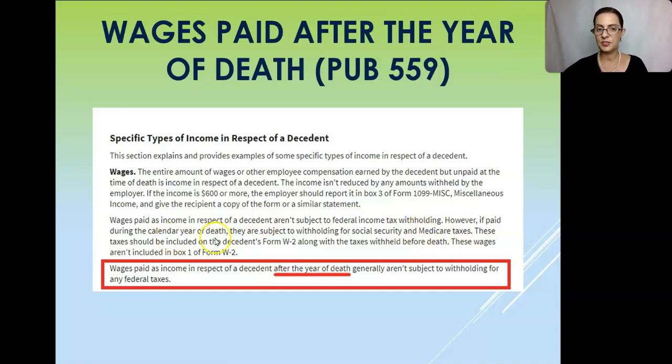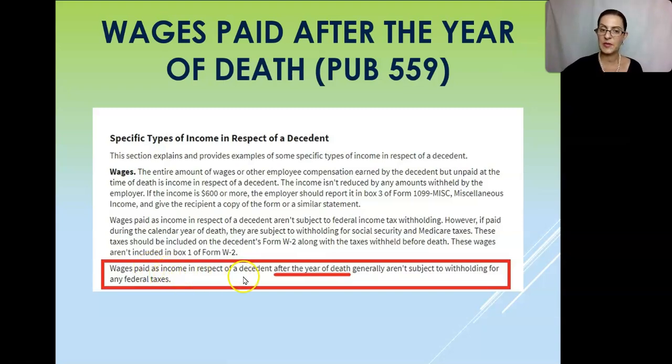If paid during the calendar year of death, they are subject to withholding for Social Security and Medicare taxes. If the wages are actually paid in the same year that the taxpayer died, then they're not subject to federal income tax withholding, but they are subject to Social Security and Medicare taxes. And those taxes would be included in the decedent's Form W-2, along with any other taxes that were withheld before death. These wages are not included in Box 1 of Form W-2.